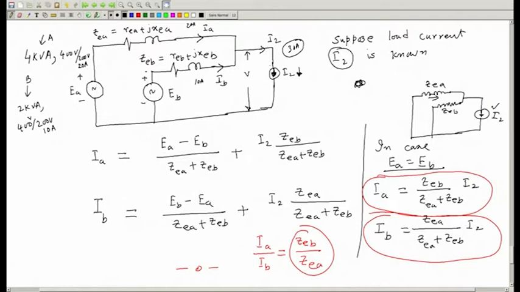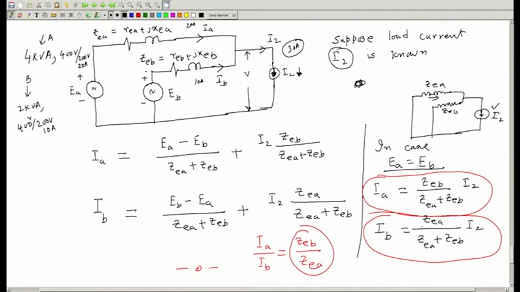In general, if EA and EB are not equal, it will be a general expression like this, but since EA and EB will be very close, and if they are absolutely equal, then of course IA will be simply this and IB this one. The second terms will be much higher compared to these terms. So approximately IA will be this and IB will be this, if EA equals EB.